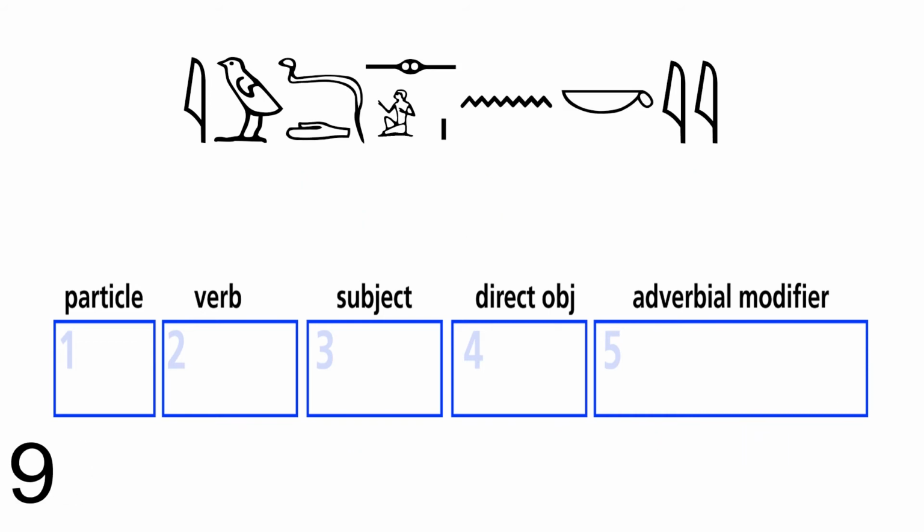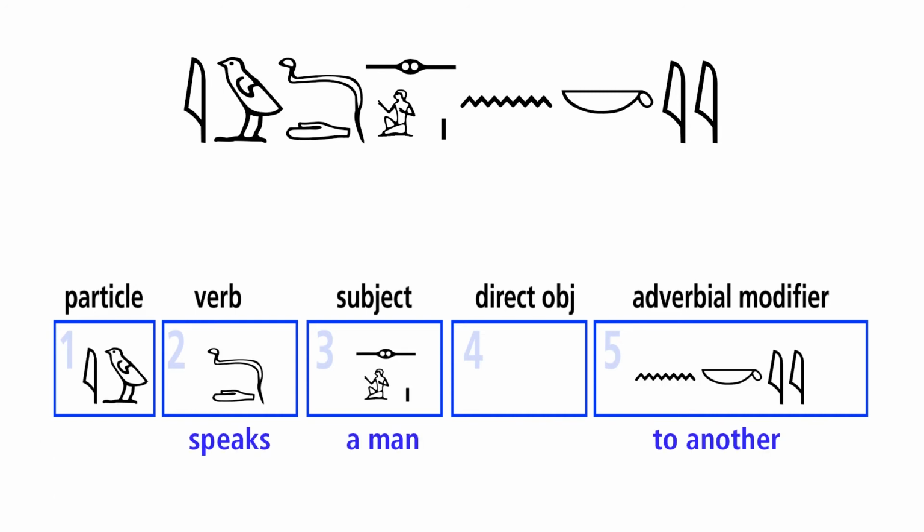Sentence 5. Dd s n ky. Okay, this is our first verbal sentence. Particle in slot 1, just like normal. The verb dd, to speak, is in slot 2.